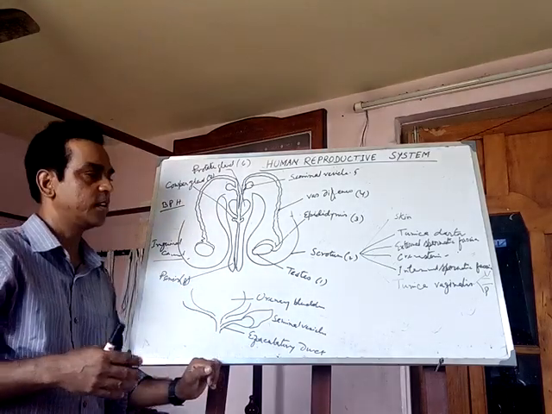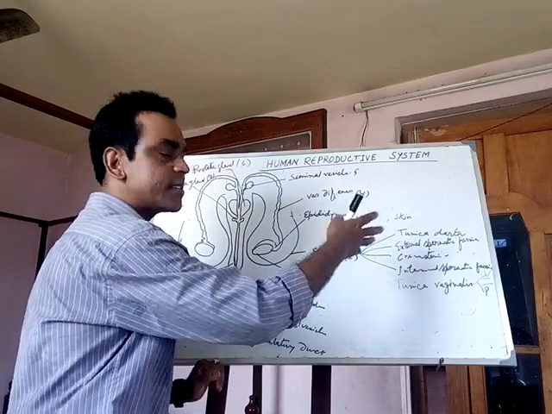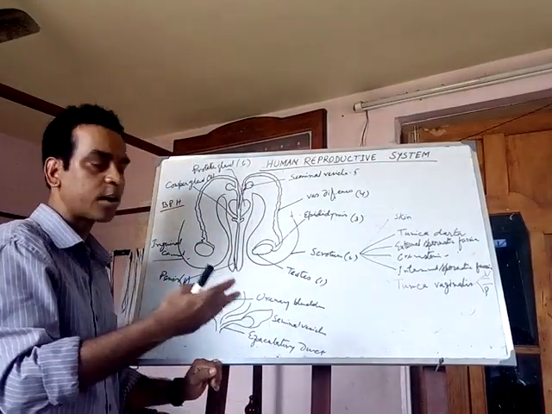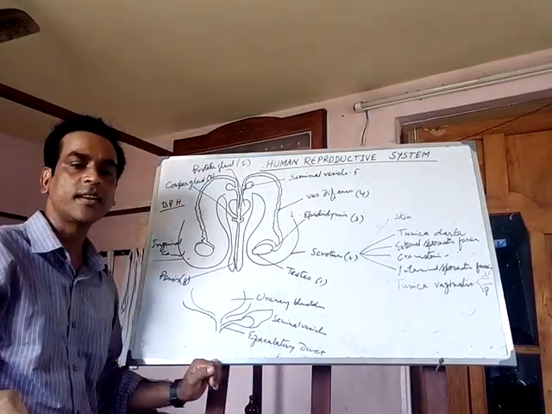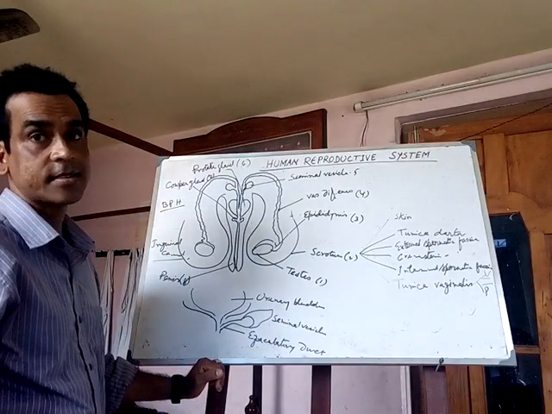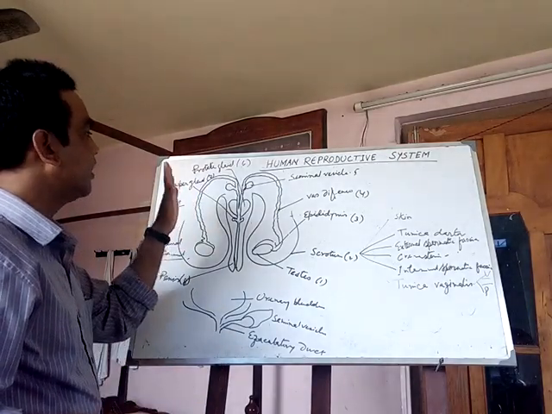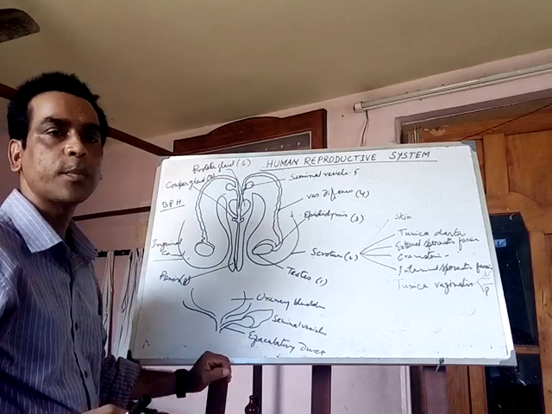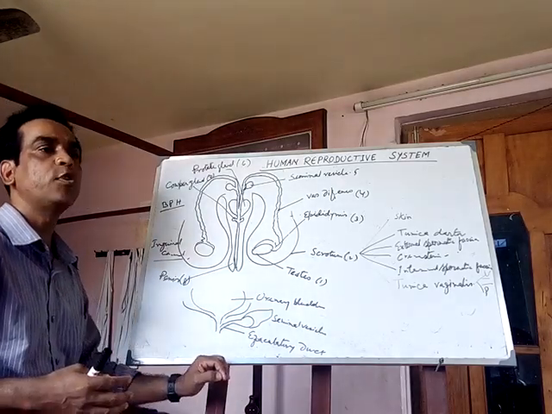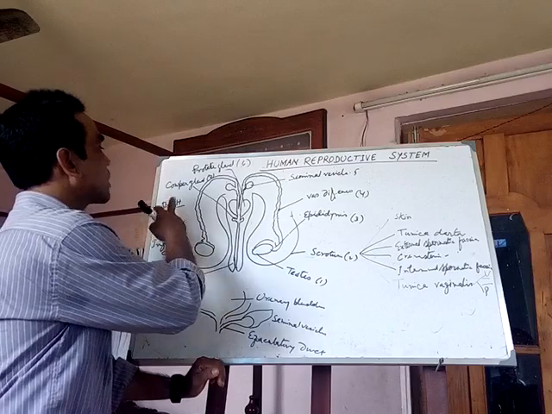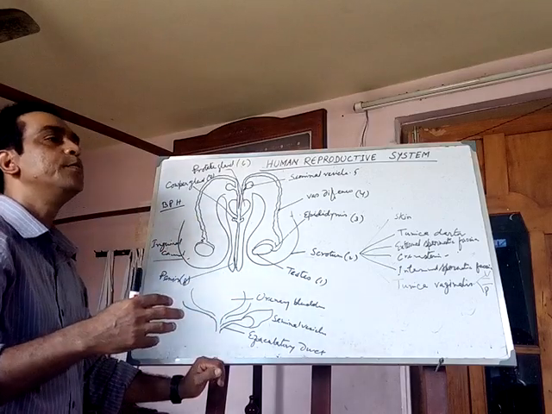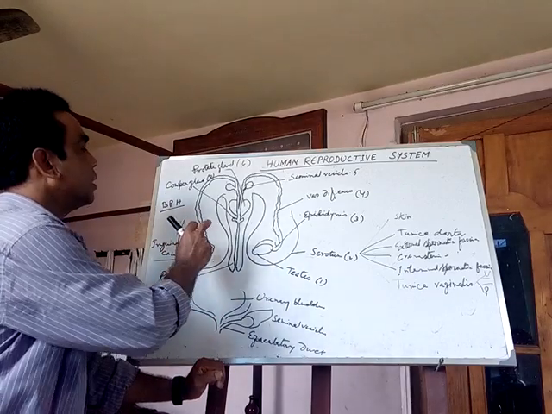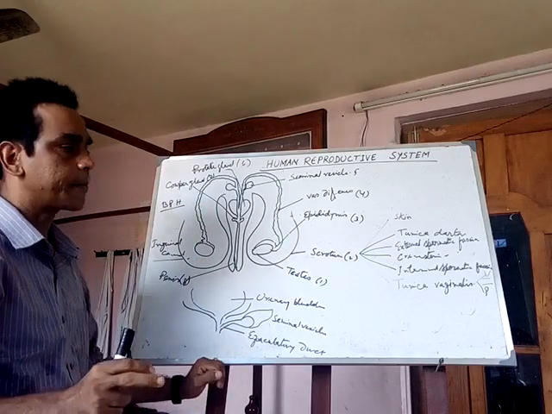Next, hydrocele, which I discussed previously, and hernia, inguinal hernia, and prostate cancer. The enlargement and dysfunction of the prostate gland can show a disease that is called prostate cancer, and it is a peculiar disease of the male sexual organ.